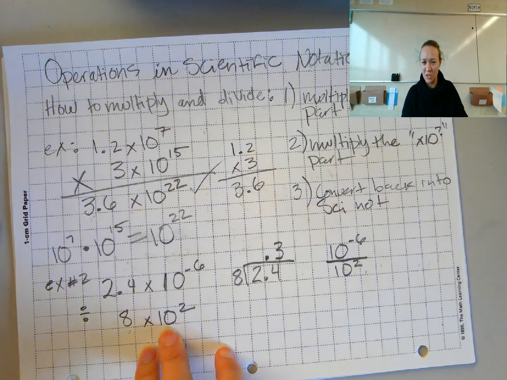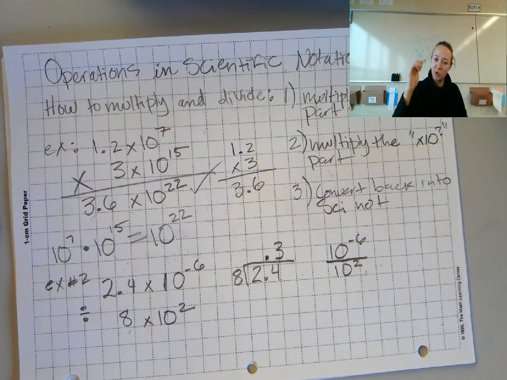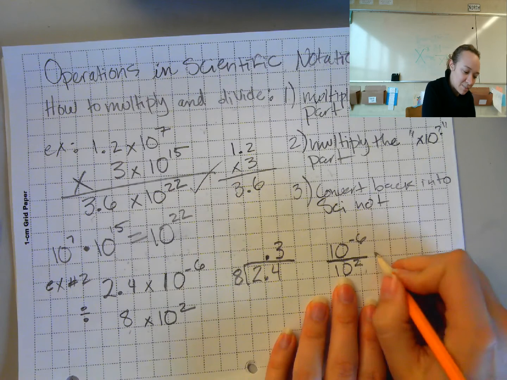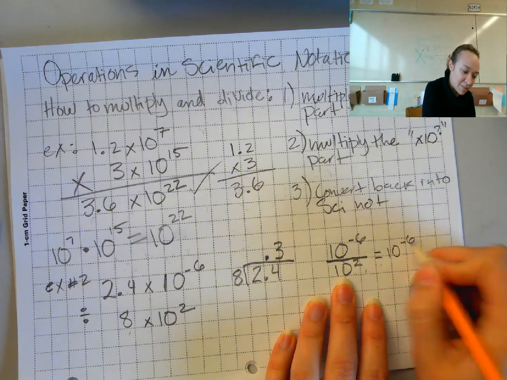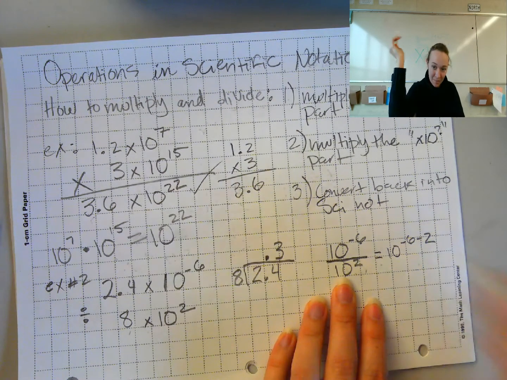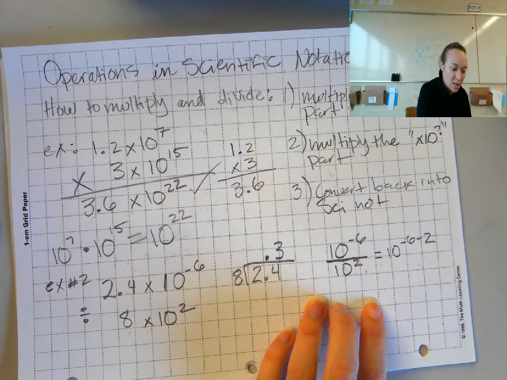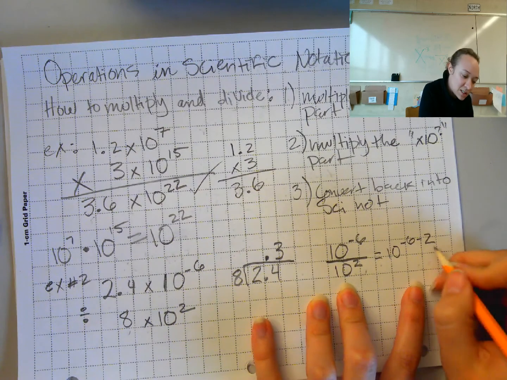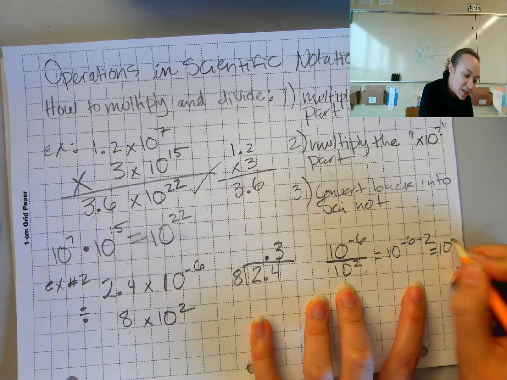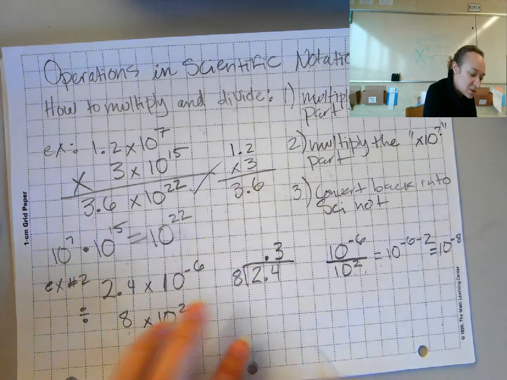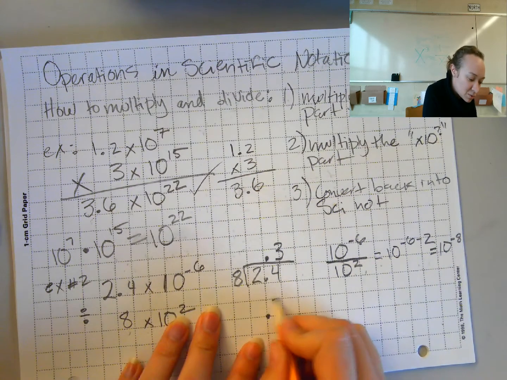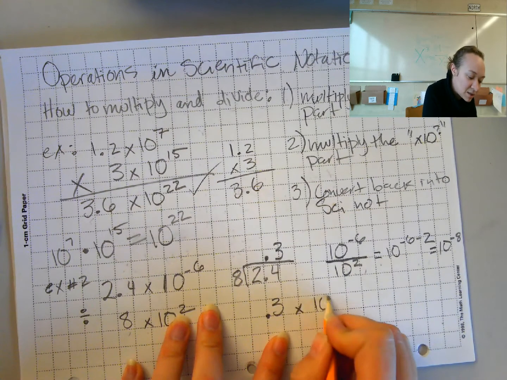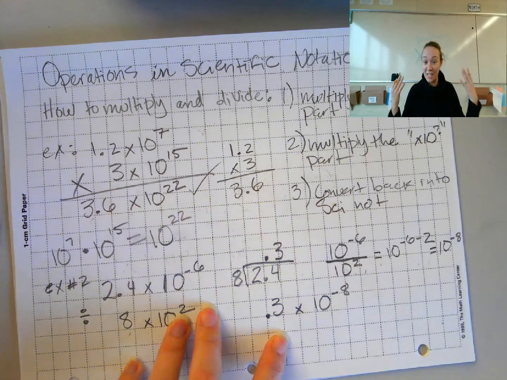Kind of hurts my brain, so I'm going to apply my subtraction rule. So I know that that's the same as 10 to the negative 6 minus 2, because that's my exponent rule, right? And that gives me 10 to the negative 8. So that means my answer is 0.3 times 10 to the negative 8. Am I done?